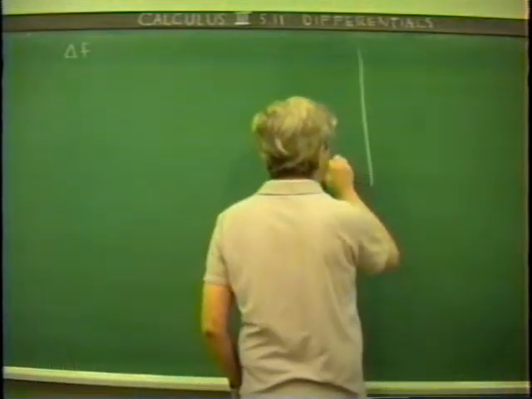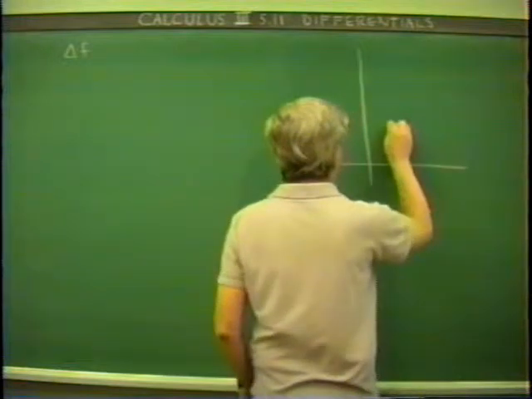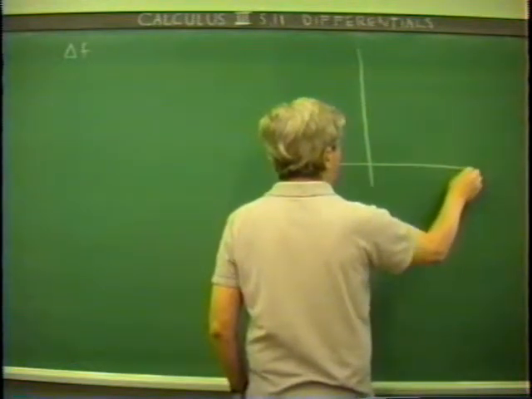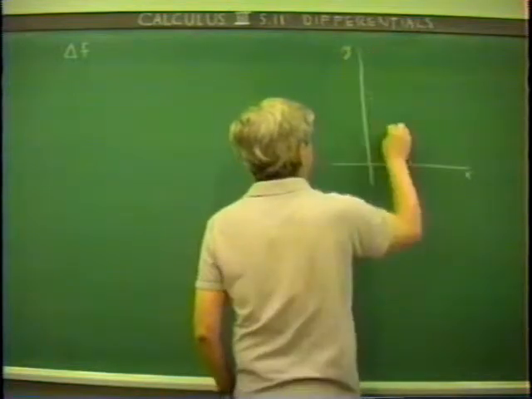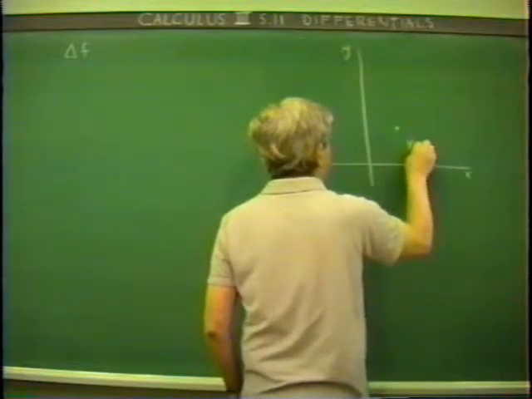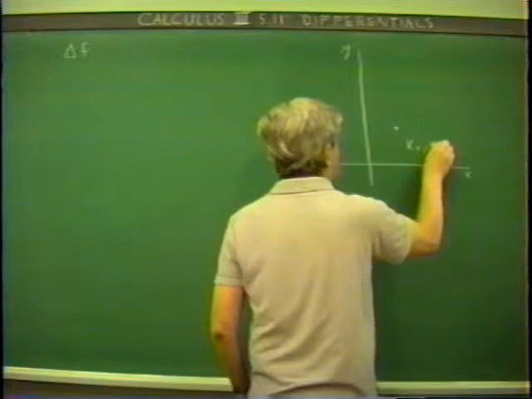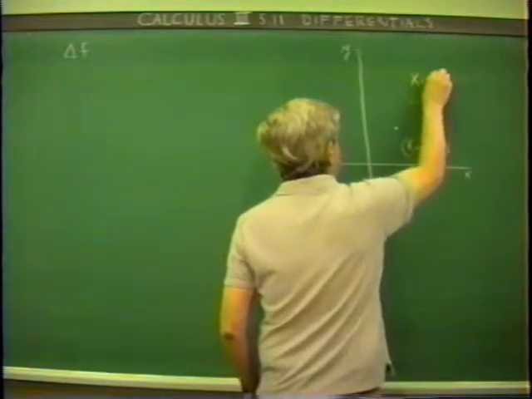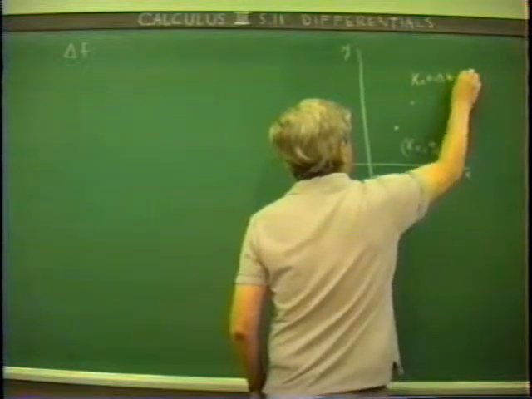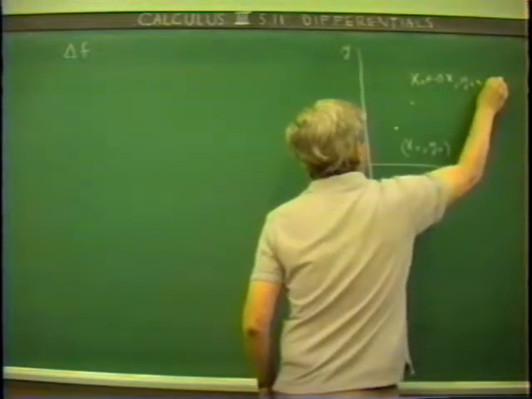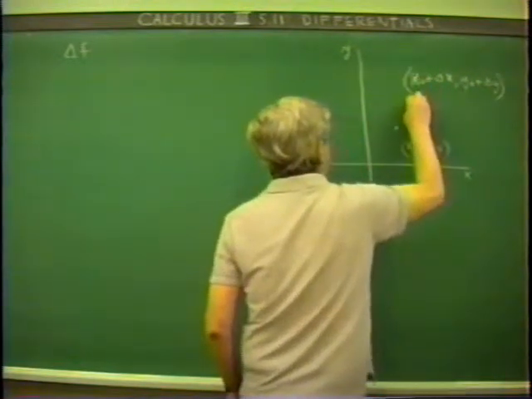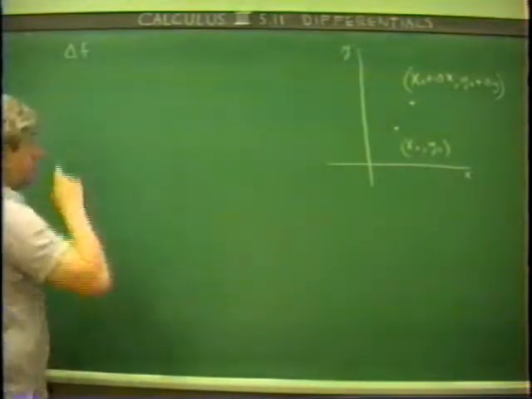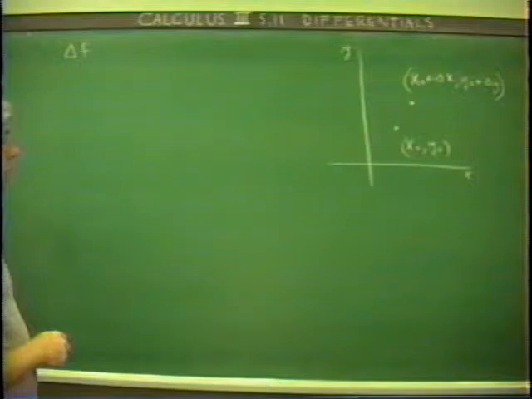And so let's recall here that delta f, if we're given a point, I'm drawing this in the xy plane here now. We're given a point x naught, y naught, and another point x naught plus delta x, y naught plus delta y.